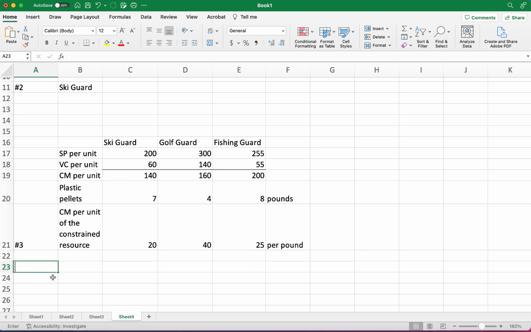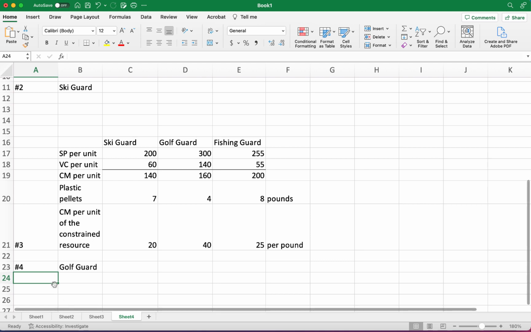So the answer to number 4, which asks us, which product has the largest contribution margin per unit of the constrained resource? In this case, it is the golf guard. That is the answer to number 4.